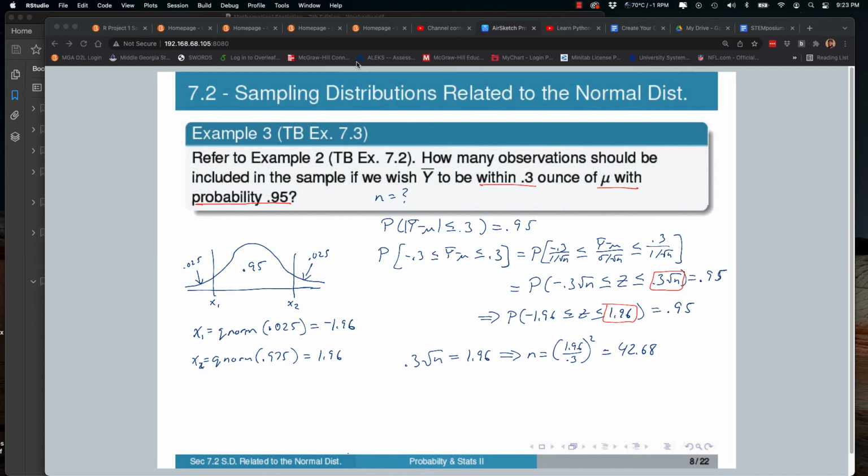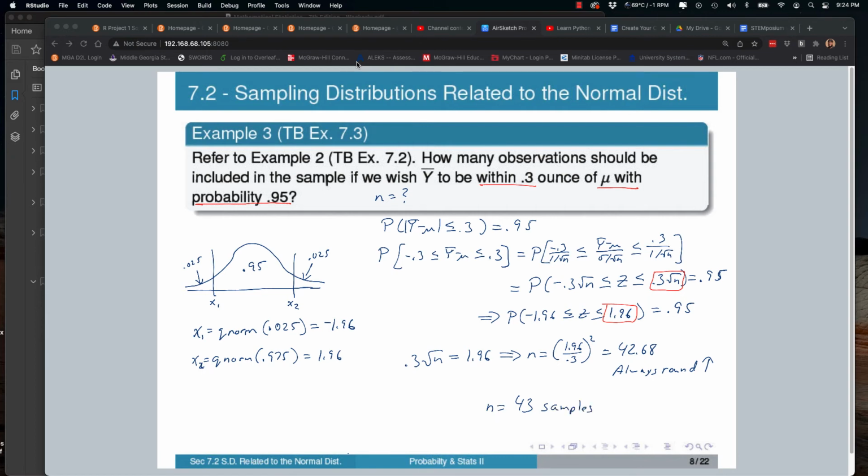No matter what the decimal value is, it could be 42.001, 42.42, 42.9999, you always round this value up to the next whole number. So the answer technically is 43 samples are needed. So n equals 43.